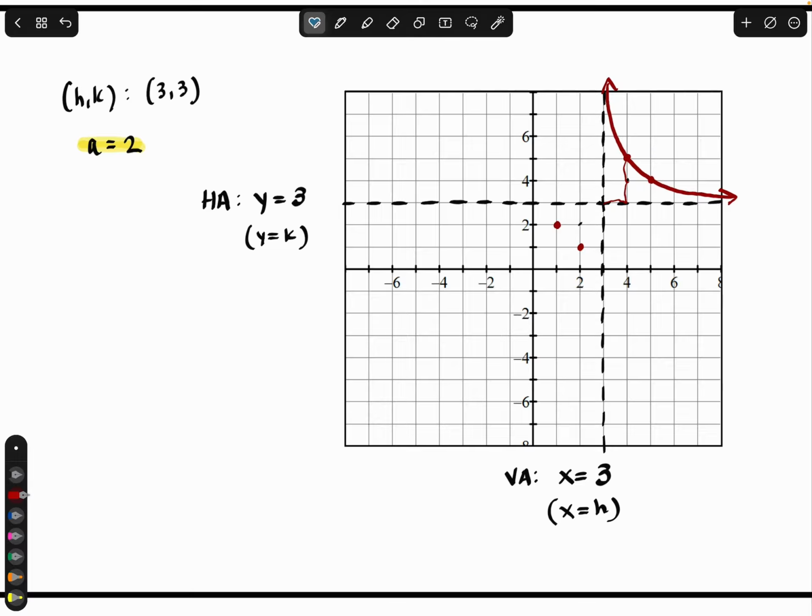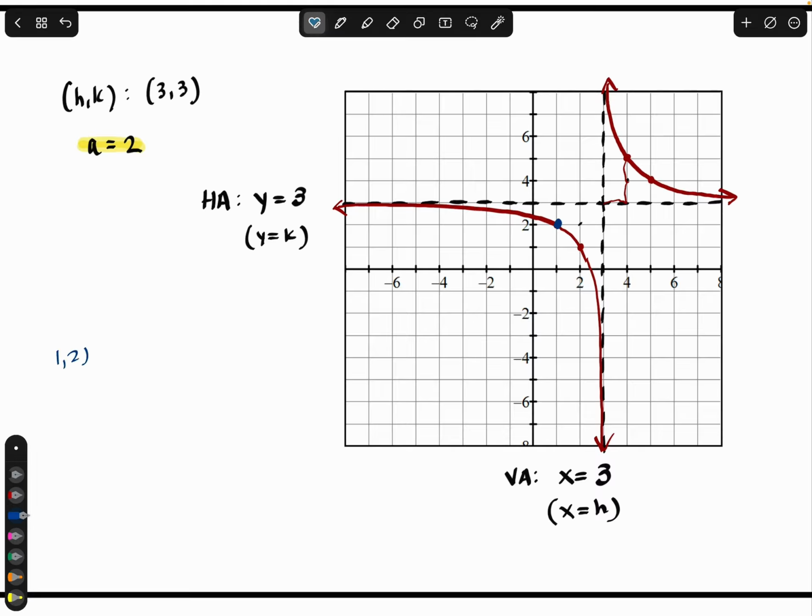Graphing them really shouldn't be a new skill. It's something that we know already, but I know some of us might be a little rusty, so I'm adding a little extra detail in case you need it. If you're not sure if they're right, take a point and plug it in. I'll choose this point here, the point (1, 2).